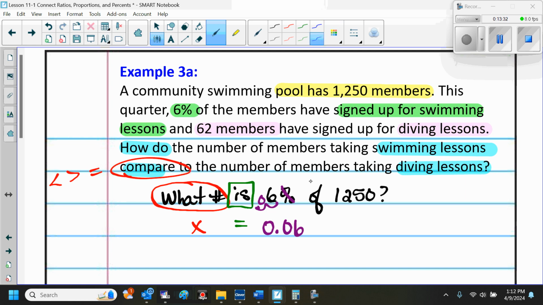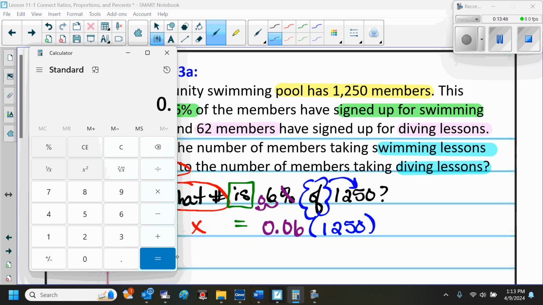What does of in math mean? And what are we multiplying by? 1,250. Very good. So we're going to multiply times 1,250. So x, now let's put in our calculator, 0.06 times 1,250, and that's going to give me 75.